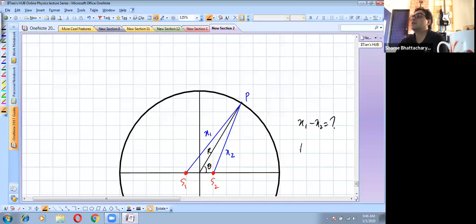But remember, r is very large compared to d, where this is d by 2 and this is d by 2, each of these distances from the center.